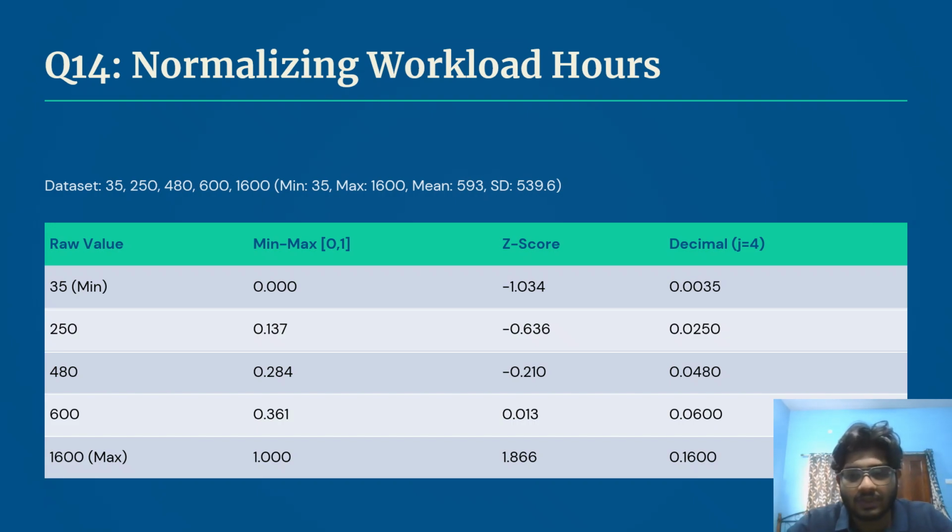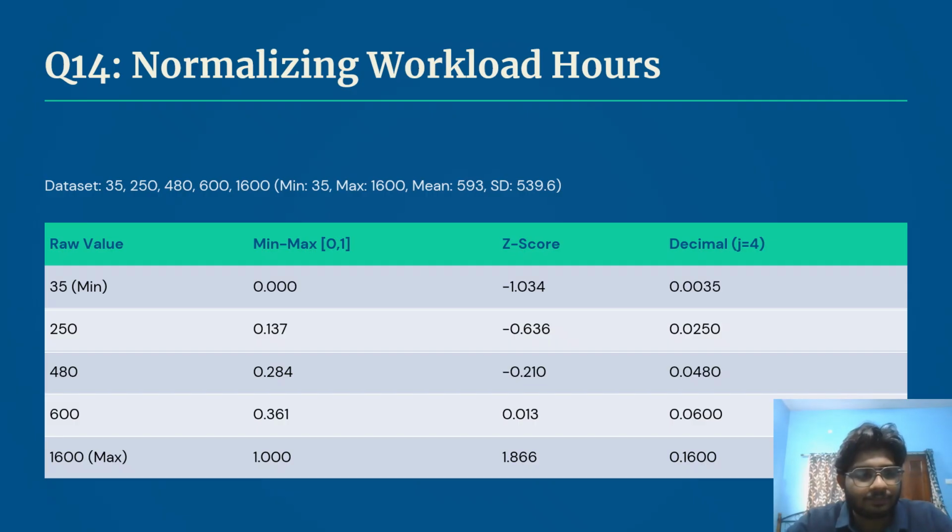The maximum is really high and the minimum is really low. So in min-max, we set 35 to 0.000 and 1600 to 1.000. All the numbers are now squished perfectly between 0 and 1.